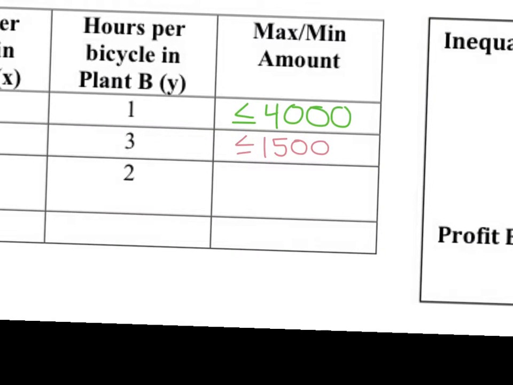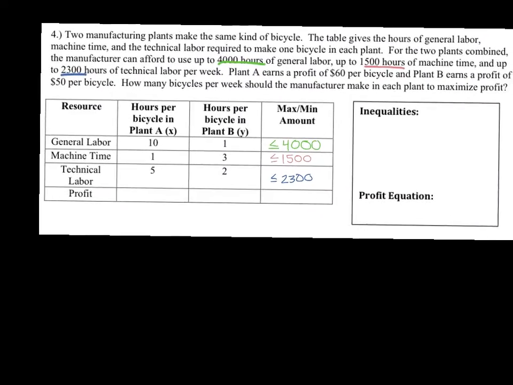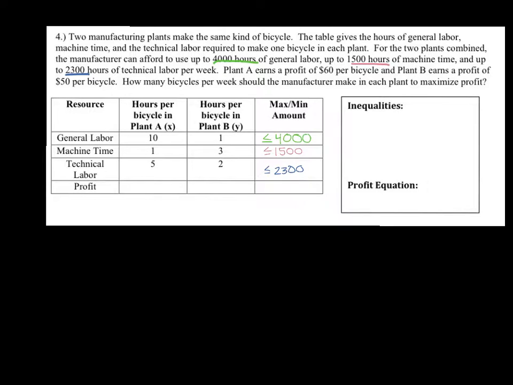So 2,300. It says Plant A earns a profit of $60 per bicycle, and Plant B earns a profit of $50 per bicycle.